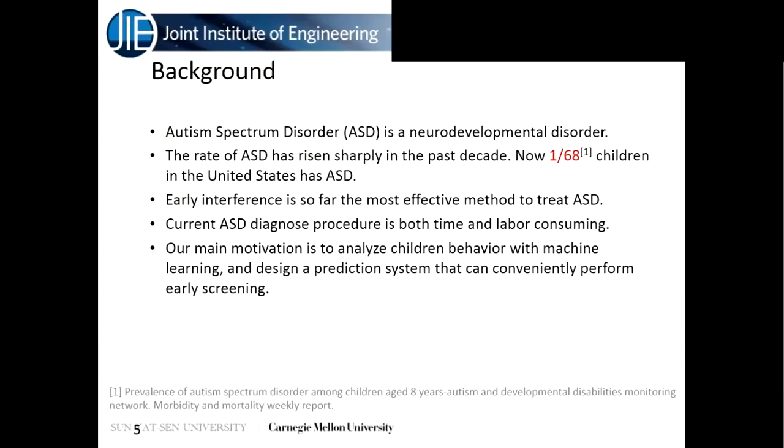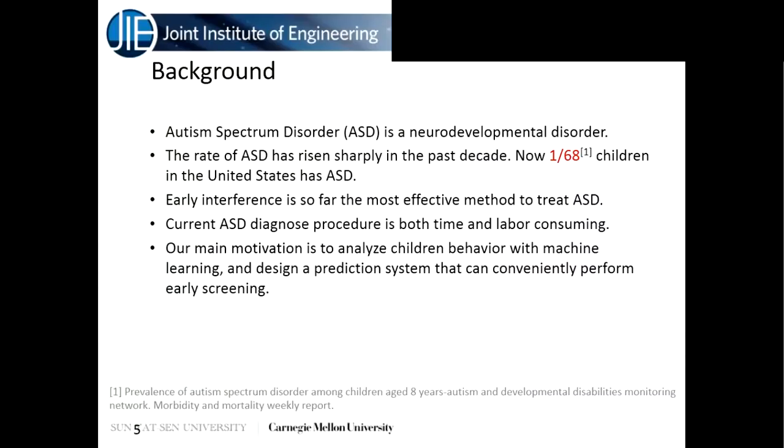And for those people who may not be quite familiar with ASD, basically ASD is a kind of spectrum disorder. So it covers not only one typical autism problem, it covers a broad spectrum of neurodevelopment disorders. The rate of ASD has risen very fast recently.